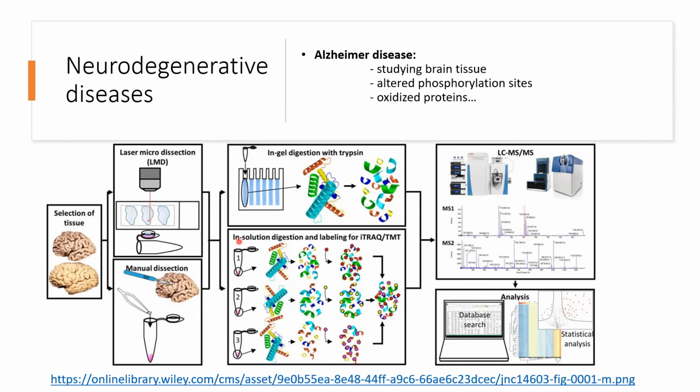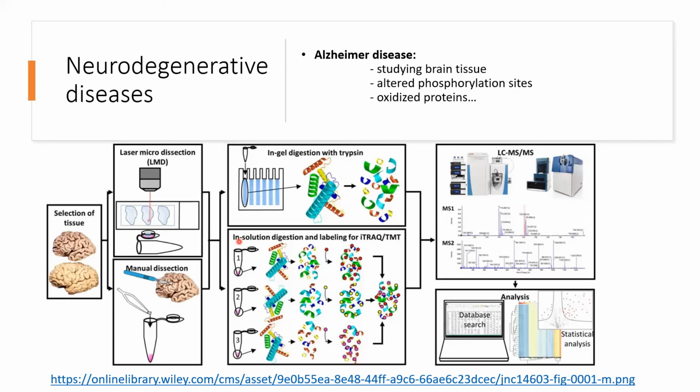As we can see in the figure, we've talked about this earlier, the separation method, whether it's laser microdissection or manual dissection, then following up with the separation and isolation of proteins, then the mass spectrometer to measure these separated data and assessing it finally with the database search of computational methods.